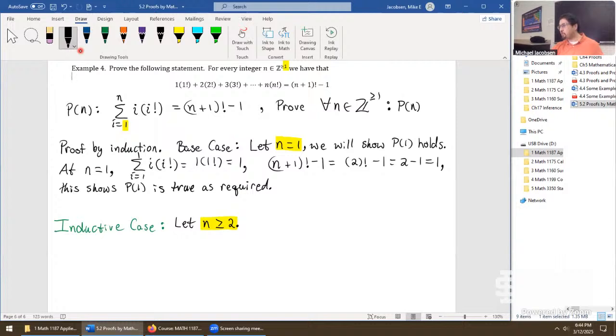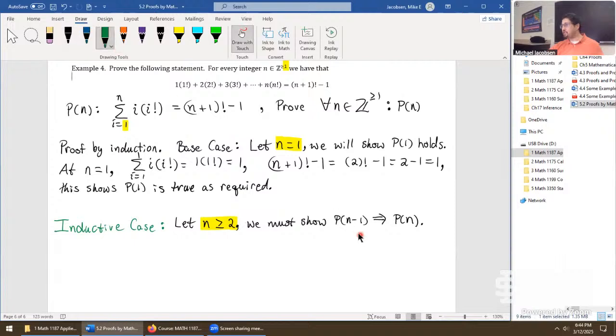So we let n be greater than or equal to 2, and we must show Pn minus 1, so one integer backwards, implies Pn. So back up here, that would be the original formula that we're trying to verify.